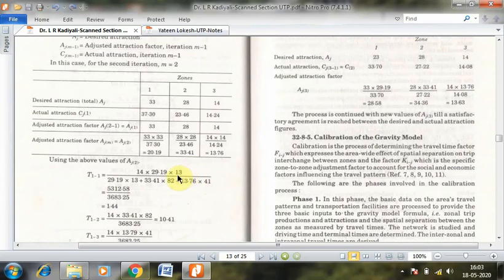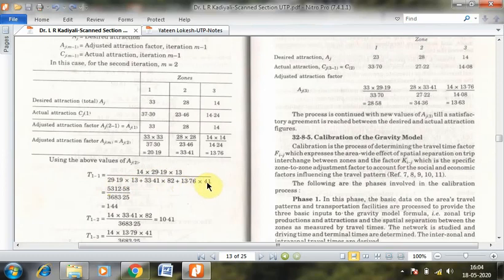Okay, so once the numerator is done, in the denominator you will be having Aj2 for zone 1 multiplied by its respective friction factor, Aj2 for zone 2 multiplied by the respective friction factor, plus Aj2 for zone 3 multiplied by the friction factor.